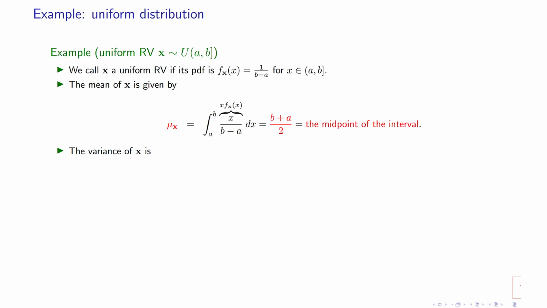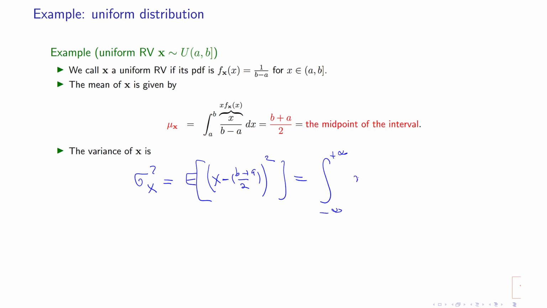The variance of X, sigma squared X, is: I have to calculate X minus its mean, which is X minus (b plus a) divided by 2, then square this and calculate the expected value of it. So it is going to be the integral over all possible values from minus infinity to plus infinity of x, the real value that it can take, not the random variable, minus (b plus a) divided by 2, to the power of 2, times the PDF, which is 1 over b minus a, dx.